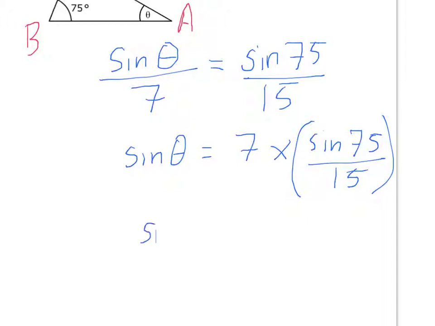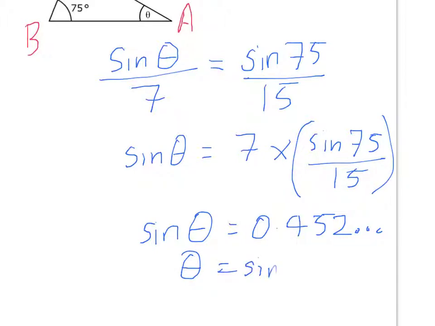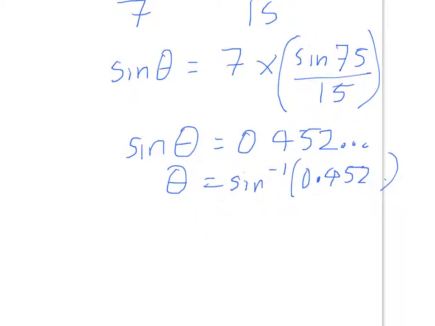So sine theta is equal to 0.452, etc. Now remember, we're trying to find the angle, and what we have to do to find the missing angle is we need to use the inverse function. So we're going to use sine to the minus 1 of 0.452, etc.